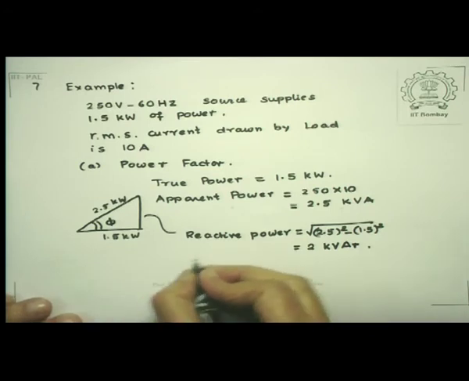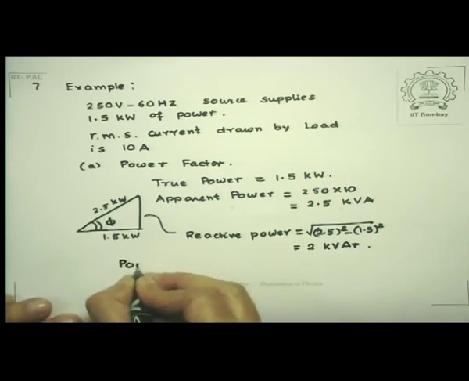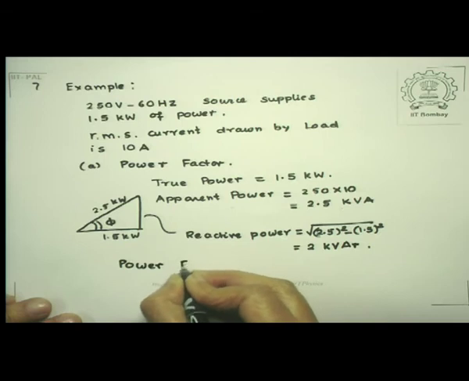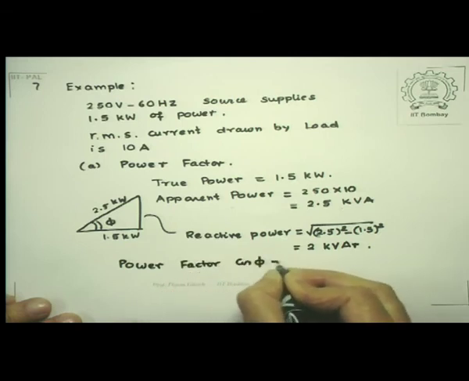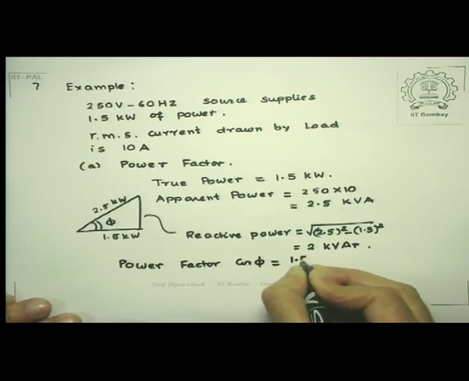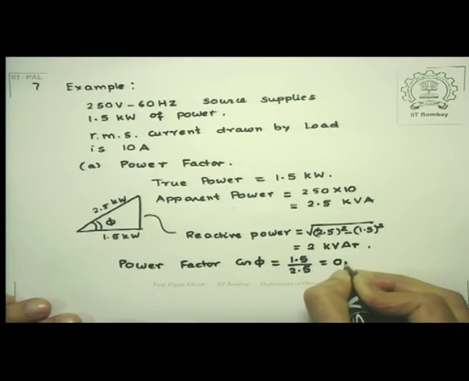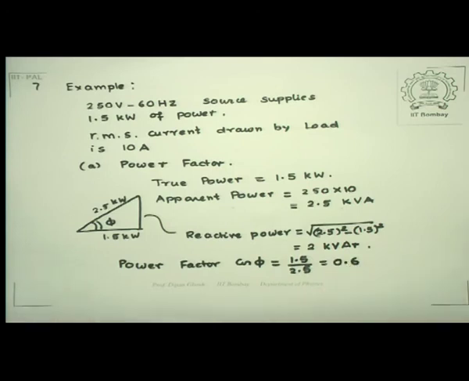So therefore my power factor, which is cosine of phi, works out to 1.5 divided by 2.5, and that is simply equal to 0.6. Not a very low power factor, but not very large either.